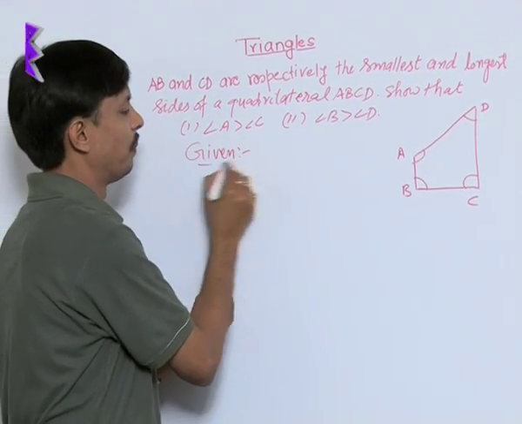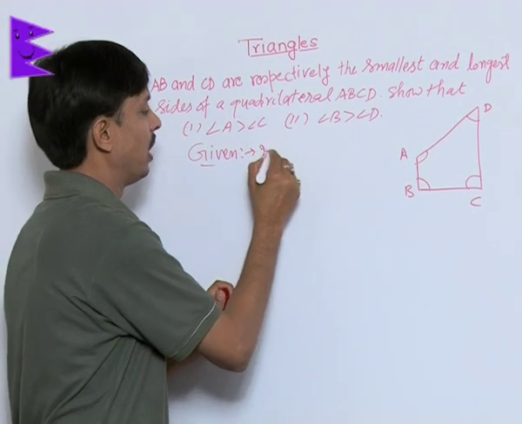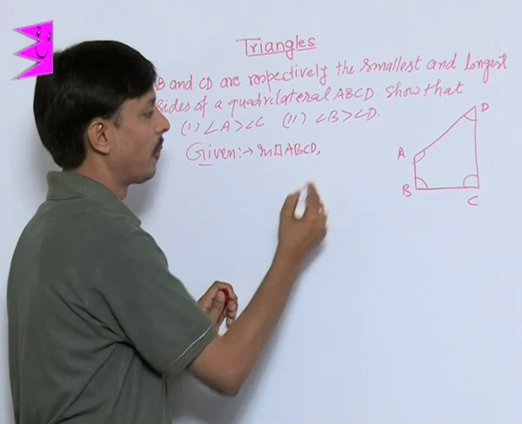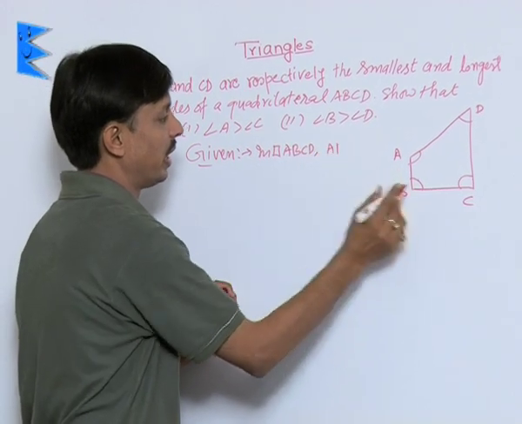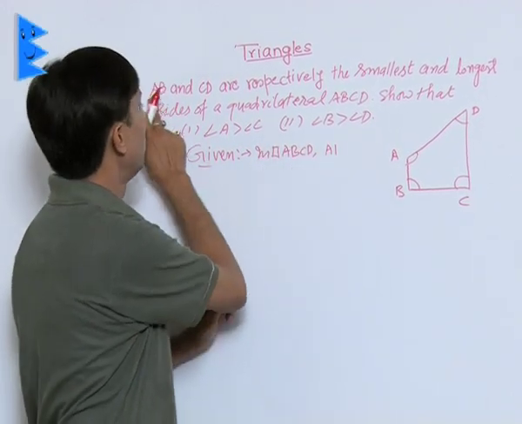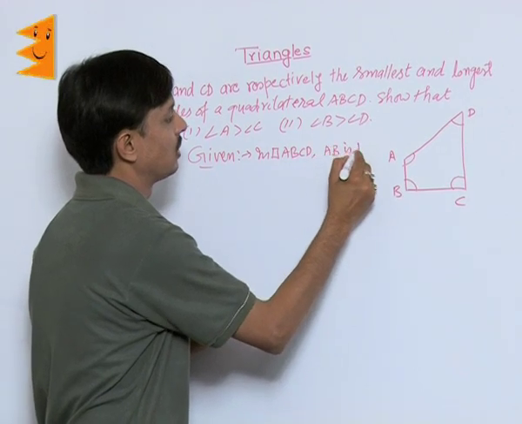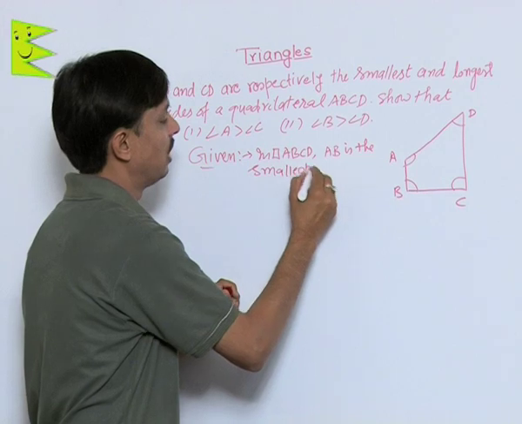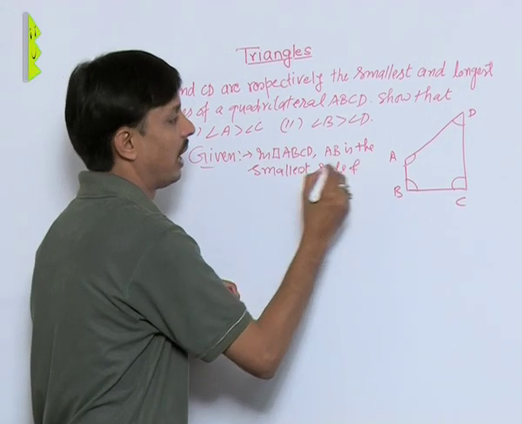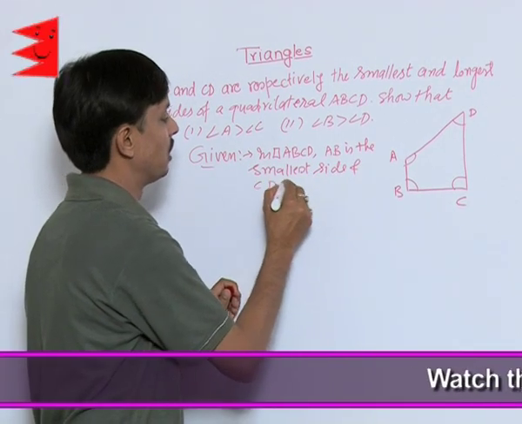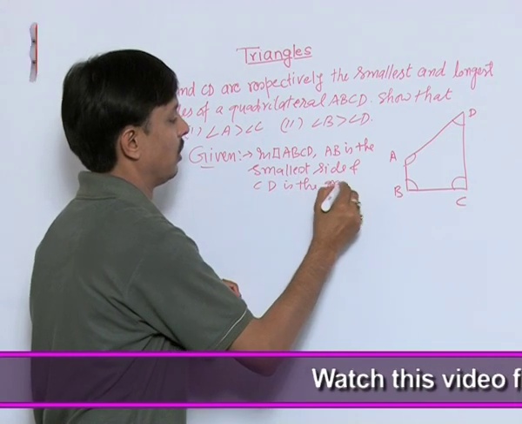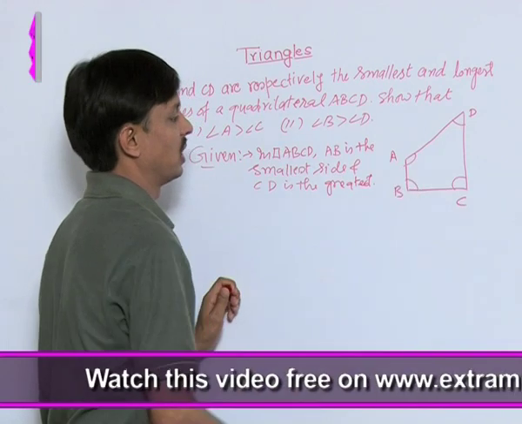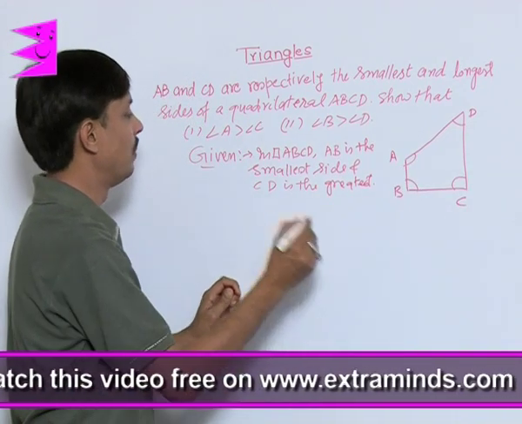The given is so simple: from the statement, in quadrilateral ABCD, AB is the smallest side and CD is the greatest. The length of CD is maximum in all four sides of the quadrilateral ABCD.